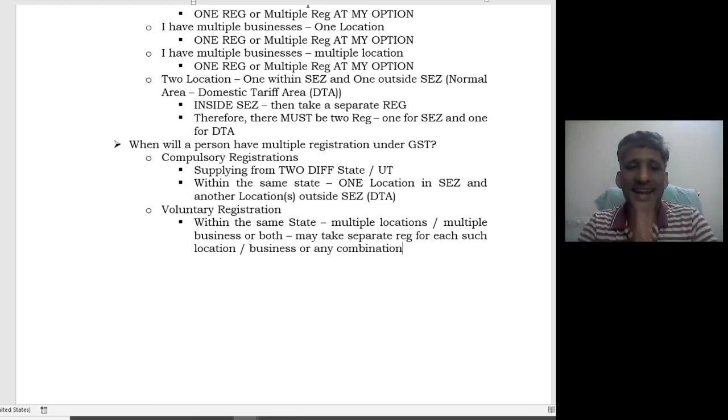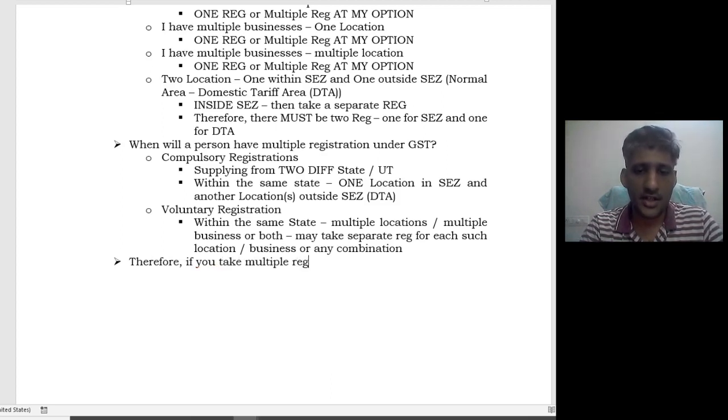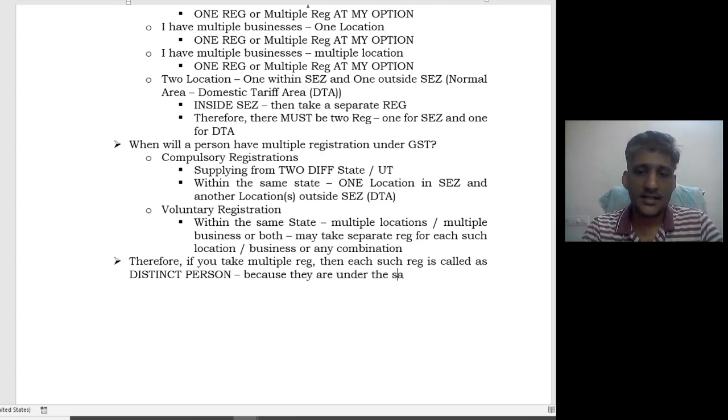So if you take multiple registrations, then each such registration is called a distinct person because they are under the same PAN.